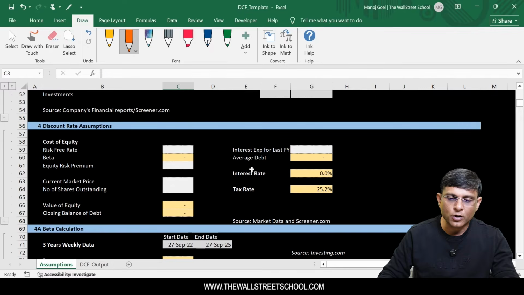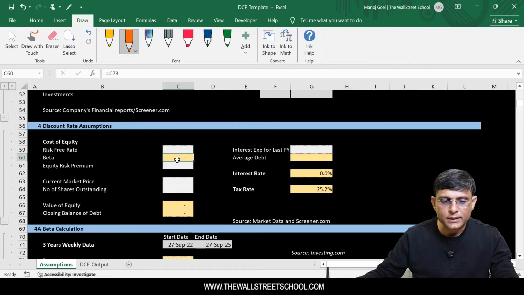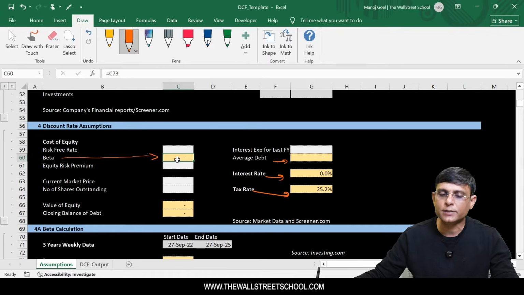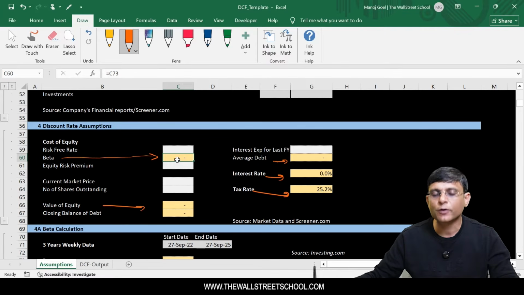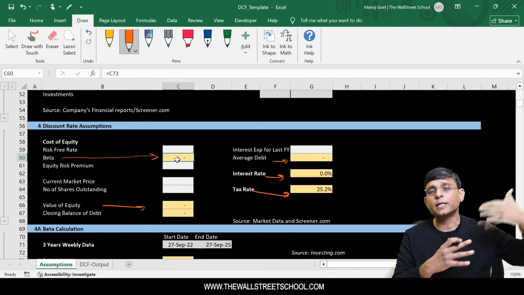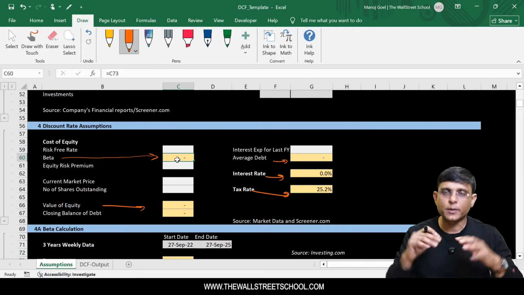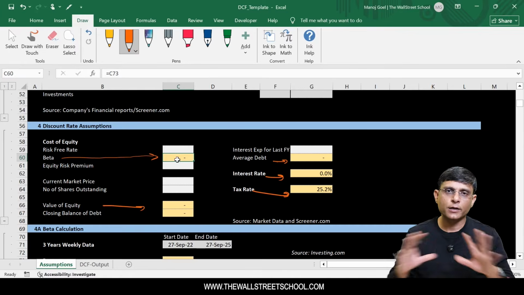You can see in your template, beta is a formula cell, average rate is a formula cell, interest rate is a formula cell, tax rate is a formula cell because it is linked from somewhere else, and value of equity is a formula cell. Anything which is linked from somewhere or where a formula has been incorporated is colored yellow.